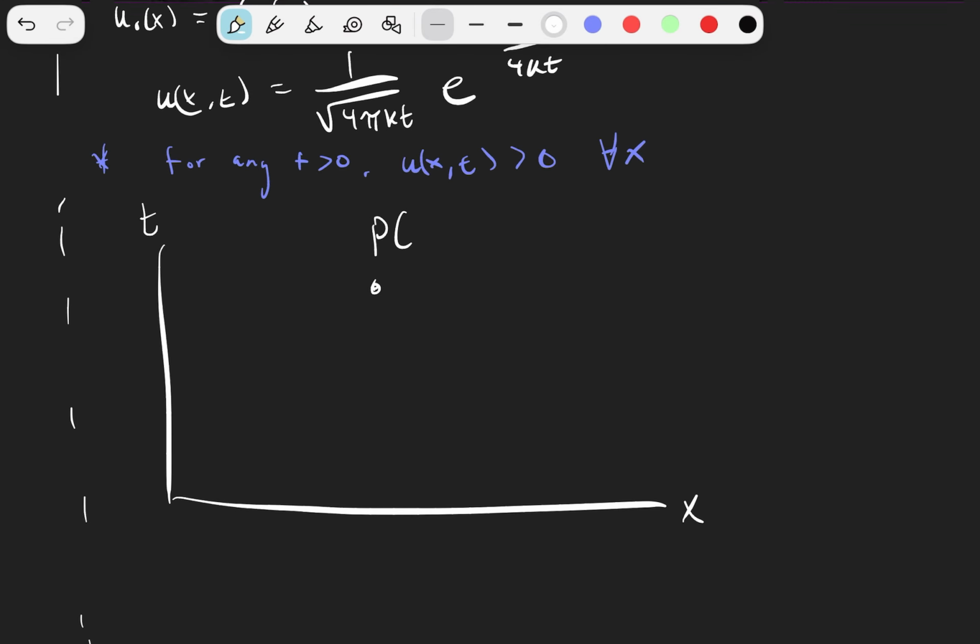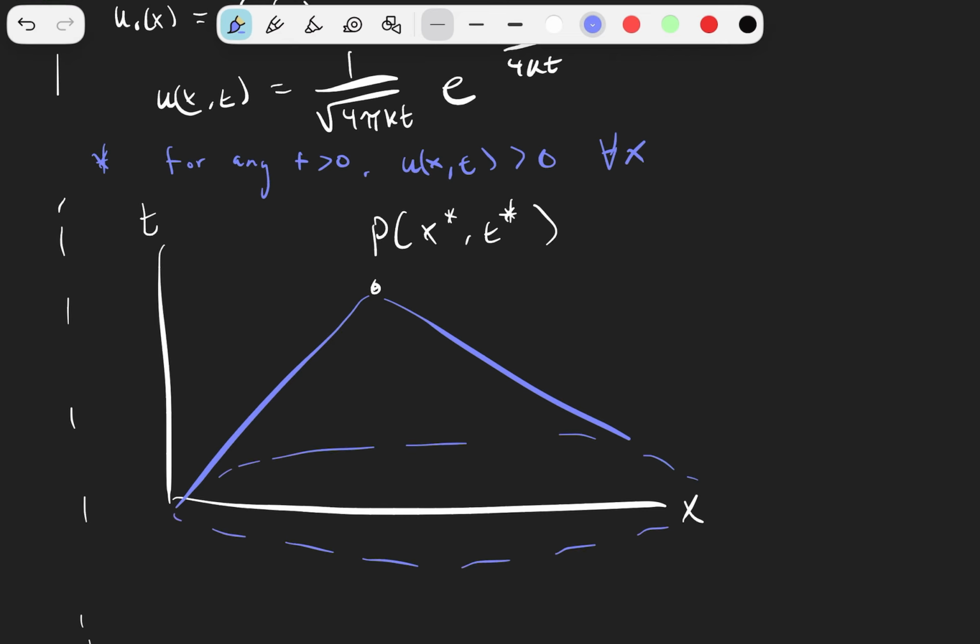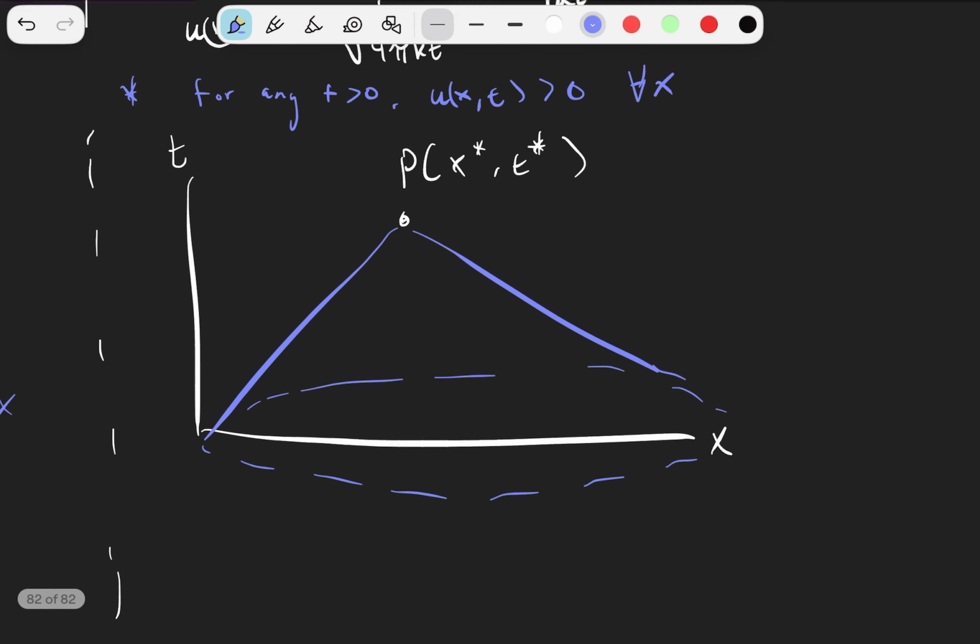Let's call it x star and t star. Its domain of dependence is going to be this cone-like thing that essentially covers the entire x-axis.